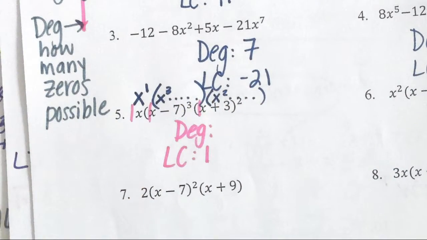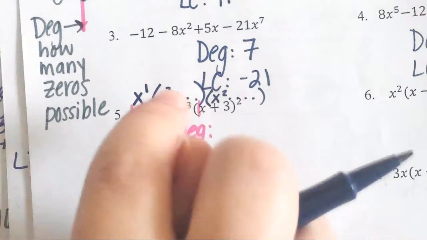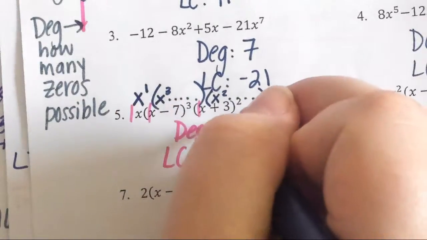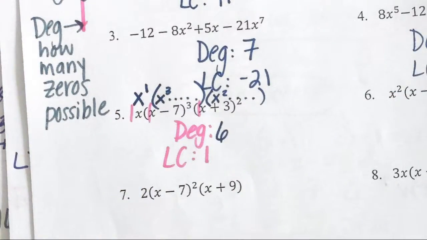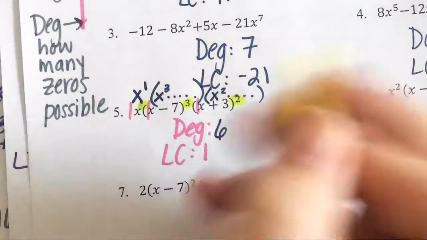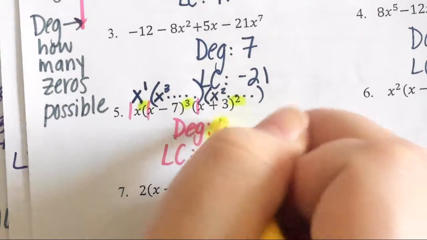So if I put all those together, and since I'm multiplying, I add my exponents. 3 plus 2 plus 1, 3, 4, 5, 6, so my degree is 6. So seriously, what I'm doing in my head is I'm adding up all the exponents. So it was 3 plus 2, and there was an understood 1 there. So 3, 4, 5, 6, the degree is 6.